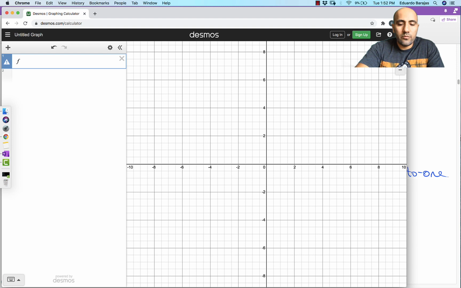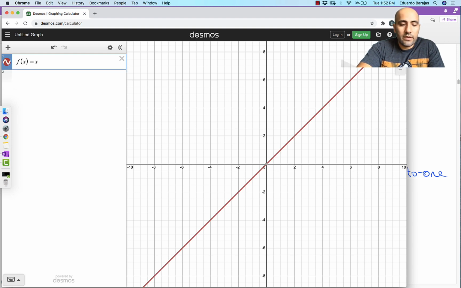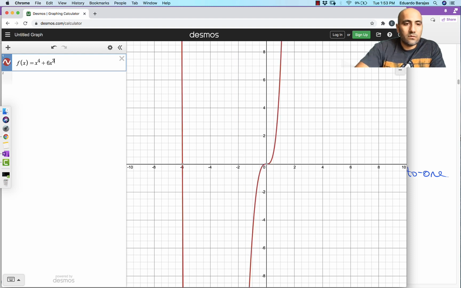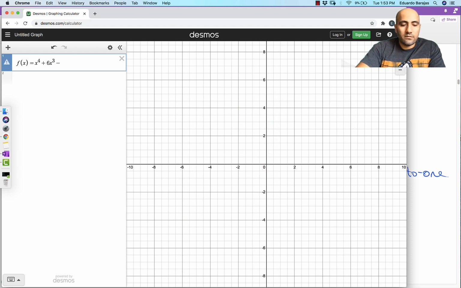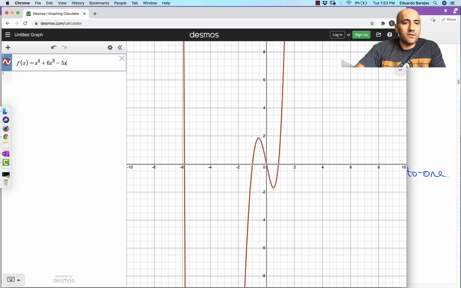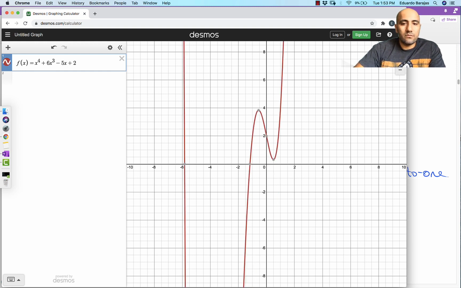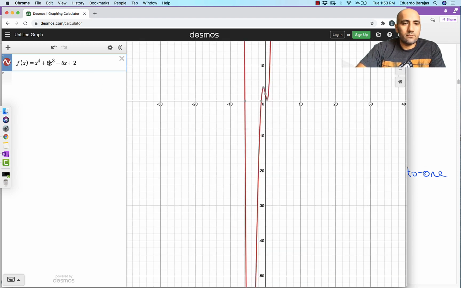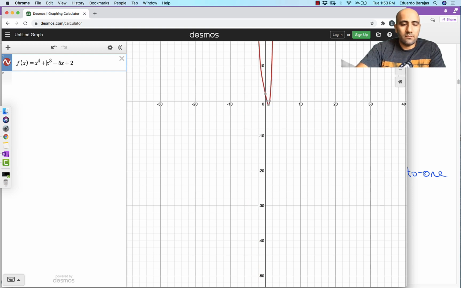So let's just throw a random polynomial here. F of x equals x to the fourth power plus 4x to the third power minus 5x plus 2.